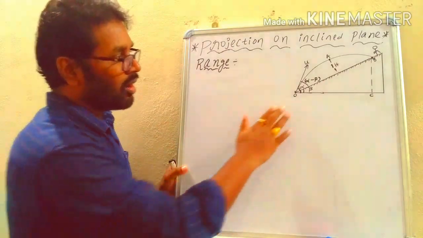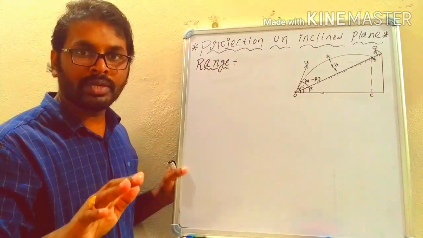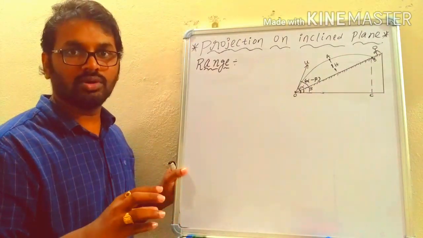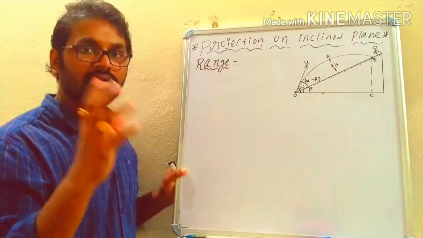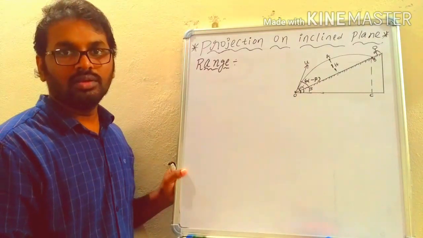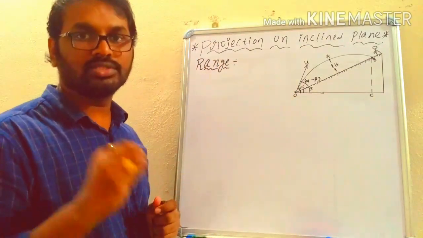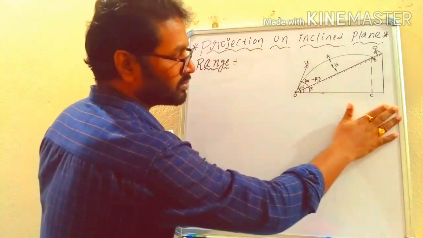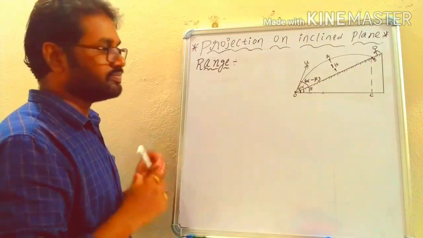Because along the OC line, along the ground, the horizontal component of gravity becomes 0. If one of the parameters becomes 0, then the equation will be simplified in less time. So for finding the range, we are resolving the velocity u into two components, one along the ground and the other perpendicular to the ground.